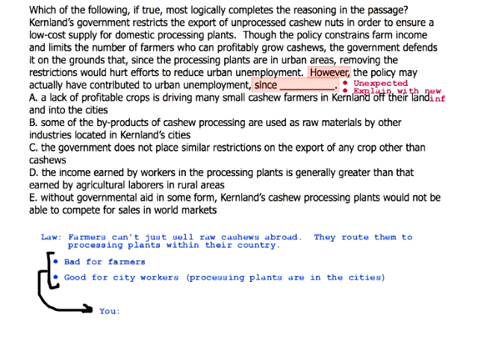Even though these things are true, the restrictions actually make urban unemployment go up. The restrictions actually increase unemployment in the cities.